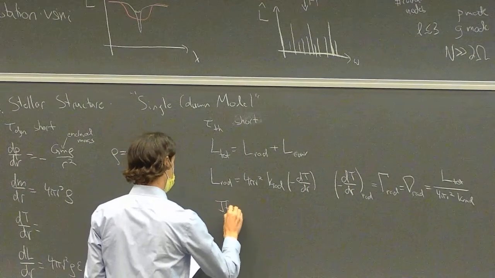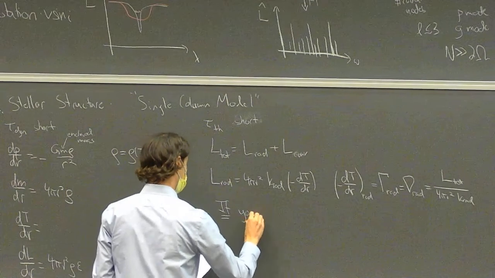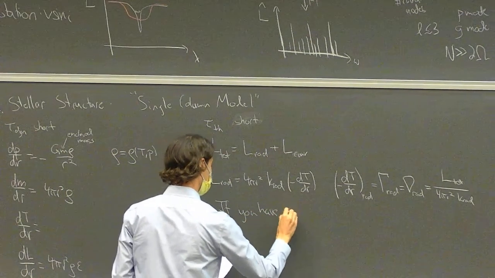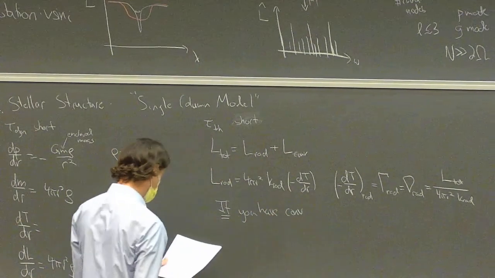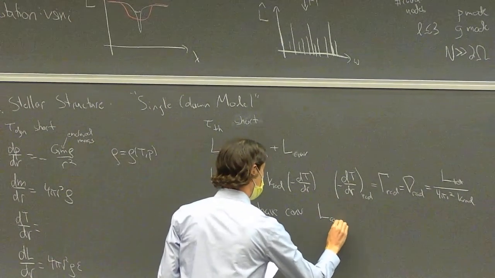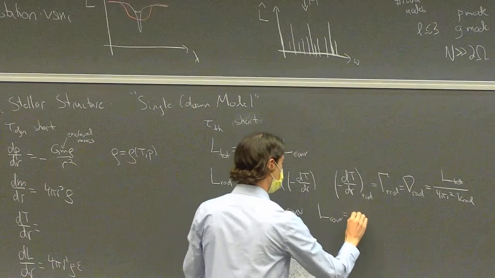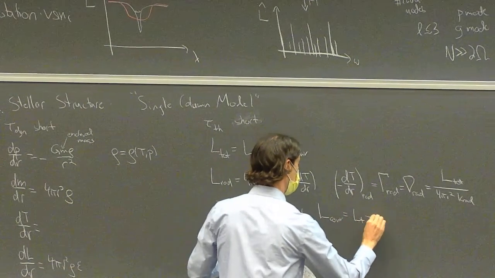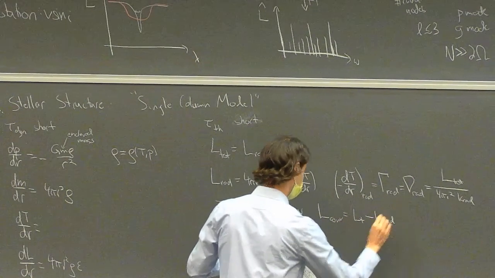And if you had convection, then you could calculate. Well, we know that the luminosity carried by convection has to be equal to the total luminosity minus the radiative luminosity.